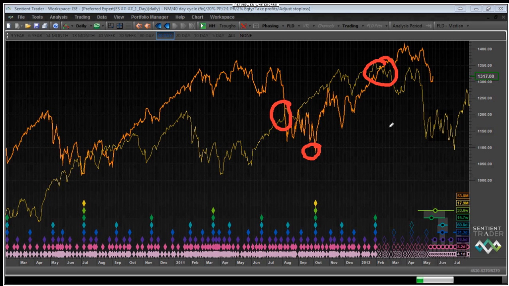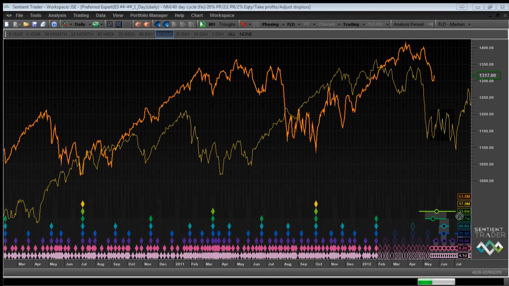The other interesting thing, of course, is that price crossed above the 18-month FLD over here. That looks like sometime in February of this year. Price crossed up above the 18-month FLD, which gave us a very late confirmation that this was indeed a trough of the 18-month cycle, but it also generated a projection upwards.